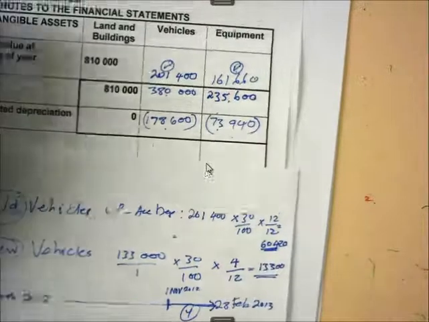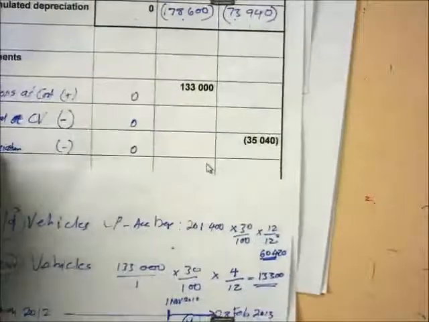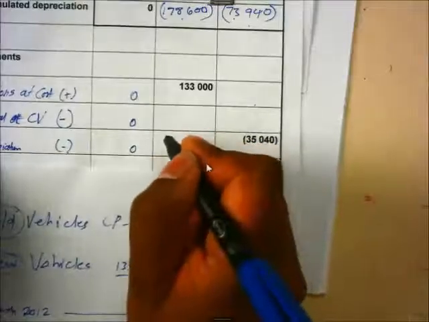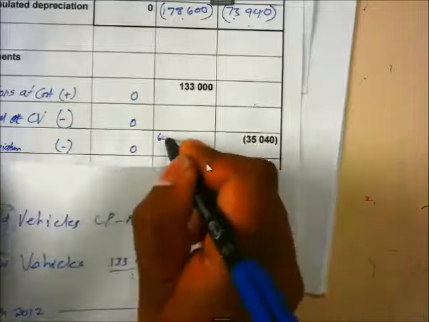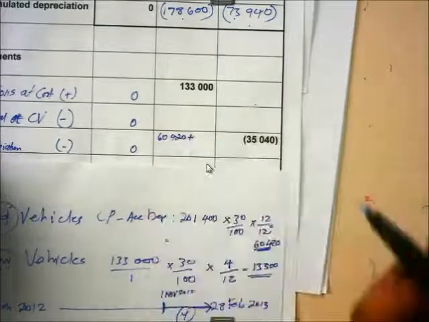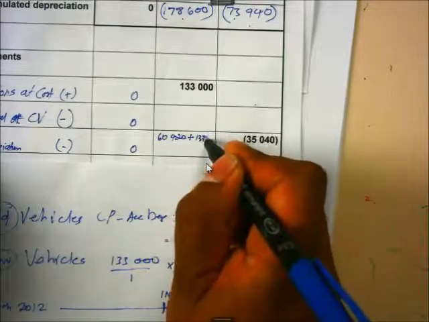Now, where are our vehicles? Here is our depreciation. We have on old, 60,420, and on new, we have 13,300.